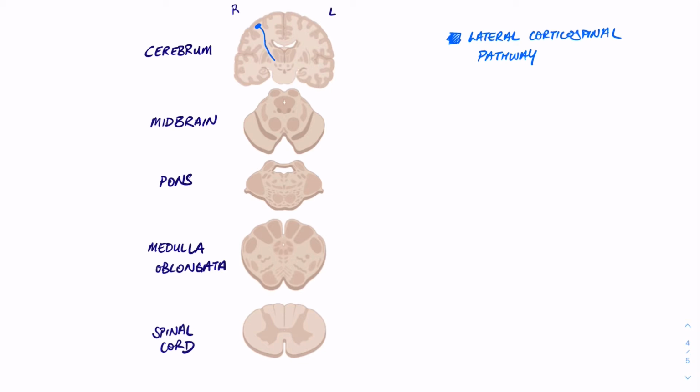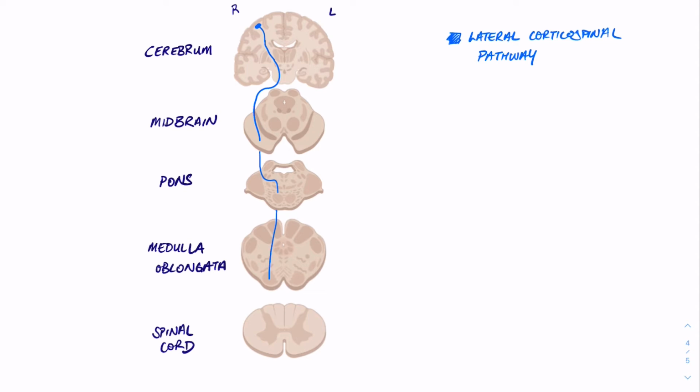The path then descends through the corona radiata, through the posterior limb of the internal capsule, and then into the cerebral peduncle of the midbrain. From there, that'll continue descending into the anterior pons, and from there, it'll travel to the pyramids of the medulla oblongata, hence a pyramidal tract.